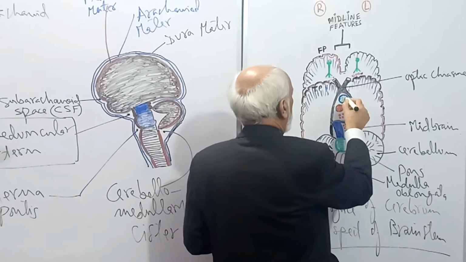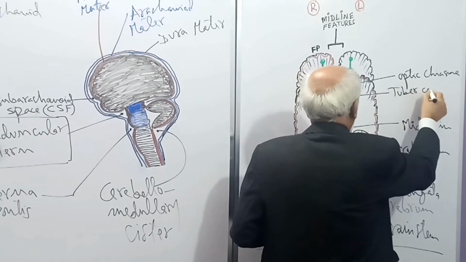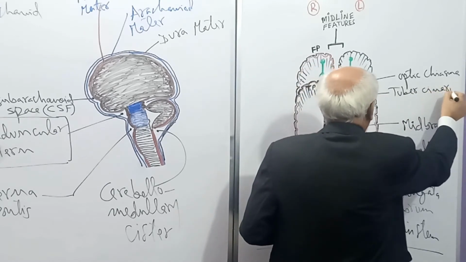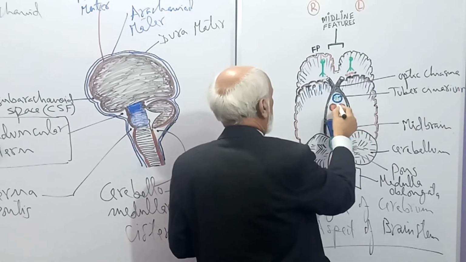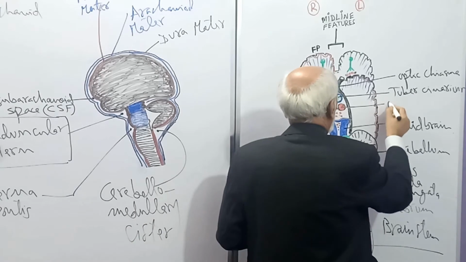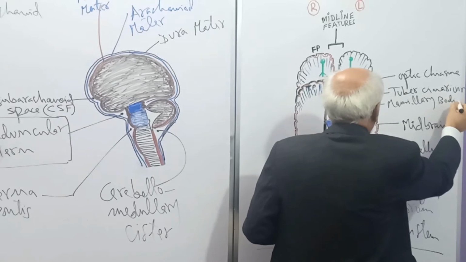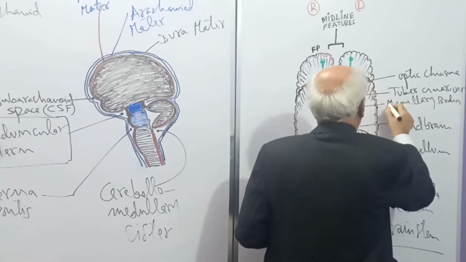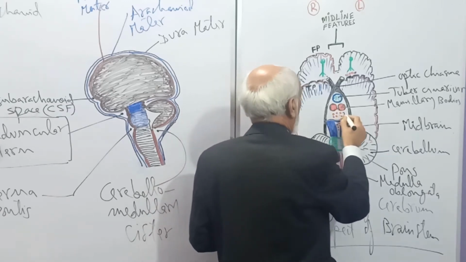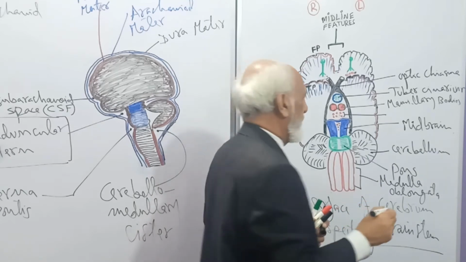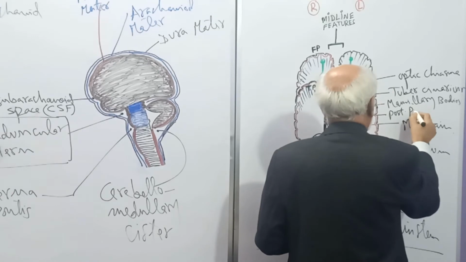Then behind the optic chiasma is tuber cinereum. Still behind the tuber cinereum, there are two bodies called mammillary bodies. Behind the mammillary bodies, there is an area which is perforated by blood vessels known as the posterior perforated substance.